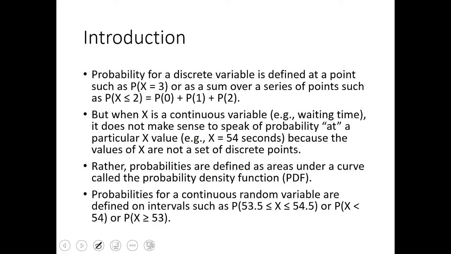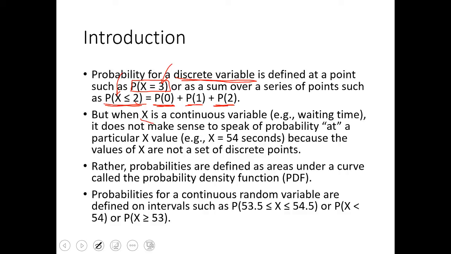For a discrete random variable, we can define the probability of one point. If x is a discrete random variable, then the probability that x is less than or equal to 2 can be obtained from the probability of 0, the probability of 1, and the probability of 2.